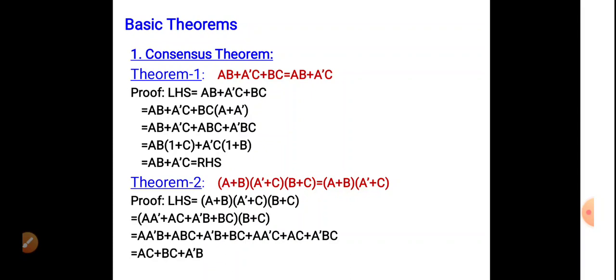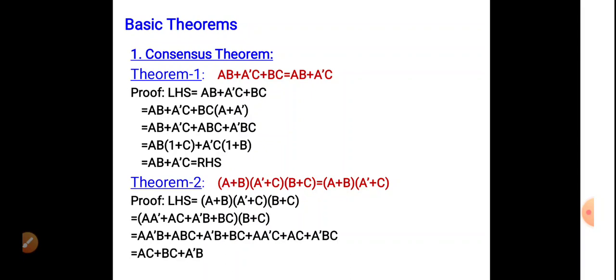As A plus A bar is 1, 1 into BC is BC. So without changing anything, I am just multiplying the third term BC with A plus A bar. Now I am expanding: AB plus A bar C plus ABC plus A bar BC.